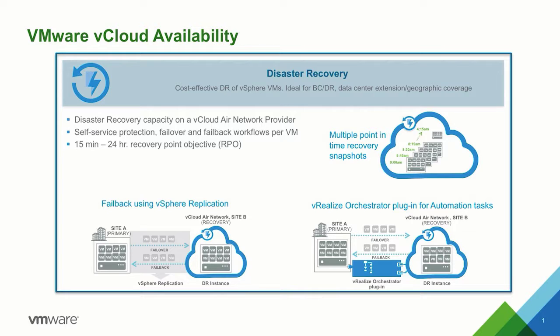You also get multiple point-in-time recovery snapshots, so you can have up to 24 restore points of your replicated data saved in the public cloud in the event that you need to fail over from your on-premises data center to a public cloud provider. Once you've failed over, it's very easy to fail those workloads back to your on-premises data center.